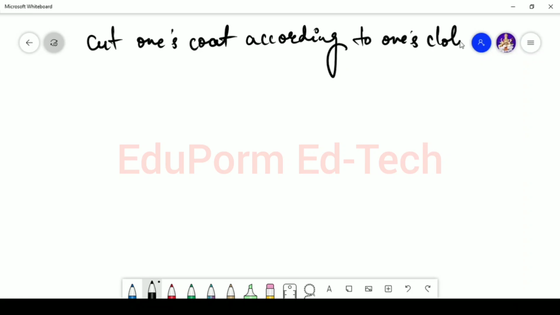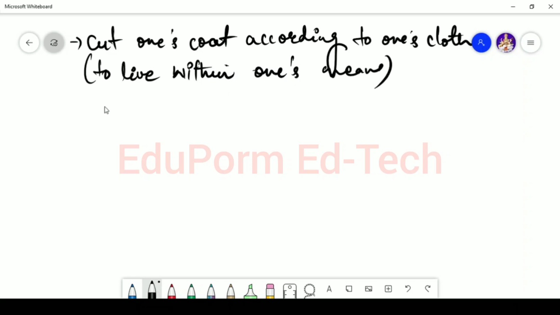This is very much similar to the idiom which you use in Hindi, की उतना ही पाँव पसारिए जितना चादर होए. ठीक है, so that means both of them have a similar meaning. Cut one's coat according to one's cloth means to live within one's means. It is something that जितना आप earn करते हो तो spend करो, उससे ज़्यादा नहीं. Okay.